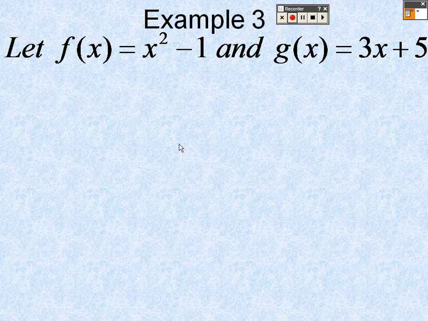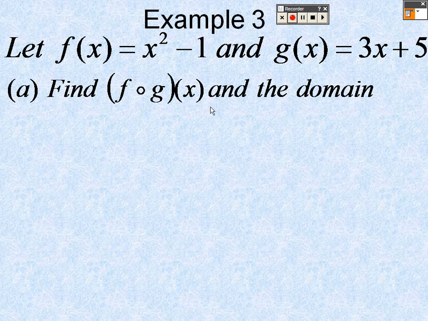So basically what we're saying is, if I go find f of g of x, I need to take all of this right here, which is 3x plus 5, and I plug it all in here for x, is what I'm doing. So to find the domain, we have to define the domain by thinking about the domain in terms of the other two items.